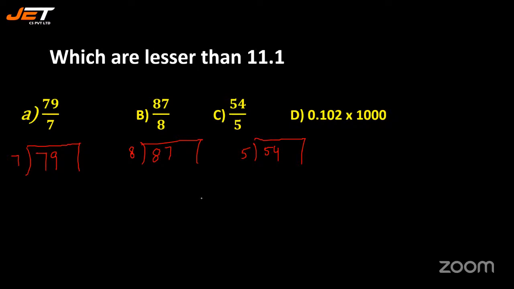So if I talk about the fourth one, you have to shift the decimal 3 places to the right. So this will be 102.0, which is of course not lesser than 11.1.